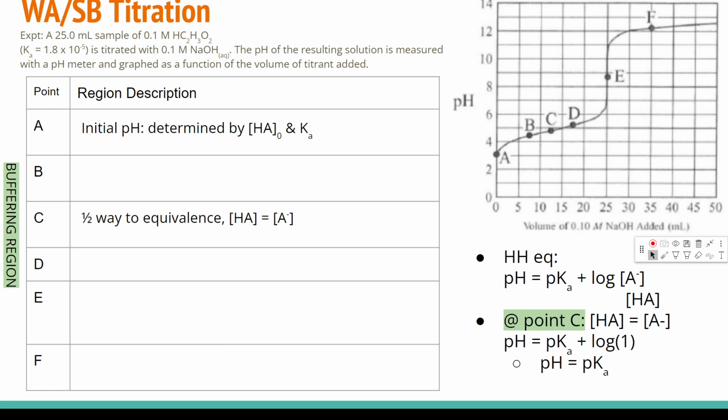And so we have the other points, the point B and point D. Those are part of the buffer region. And so they're slightly over or under being equimolar, but they're still part of the buffer region. Now, I do want to remind you in terms of definitions that the buffer region is the area where the system doesn't want to change pH that much.